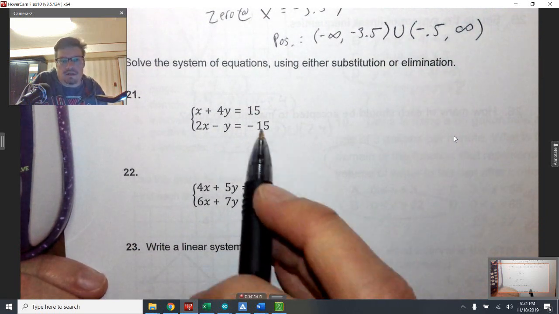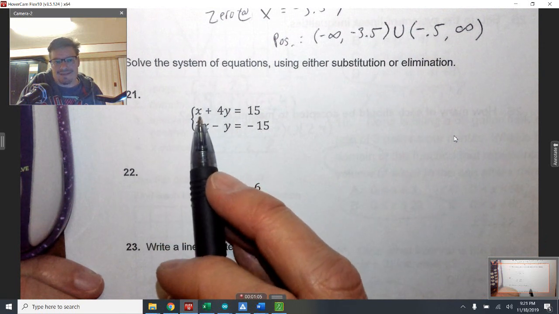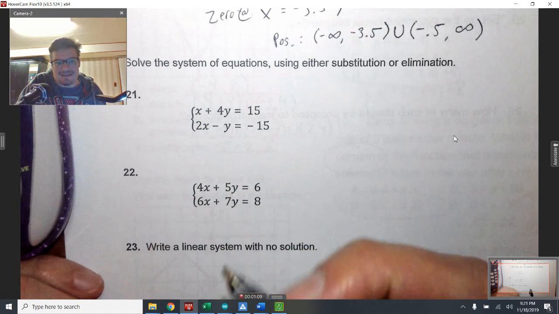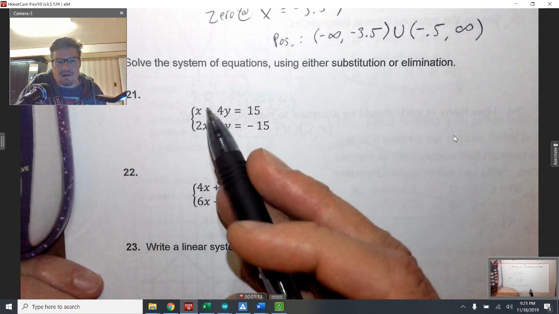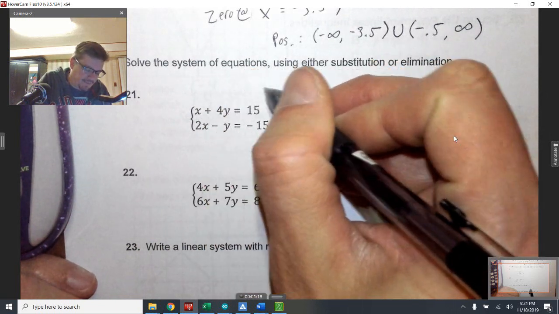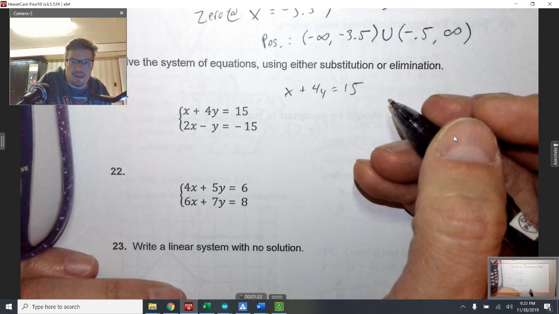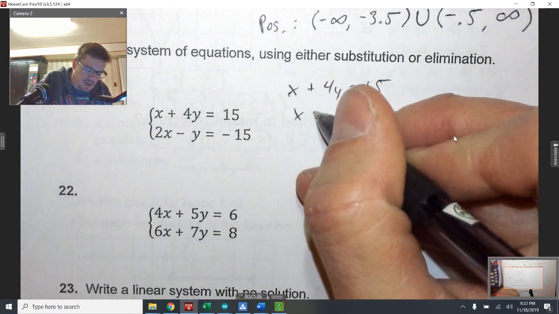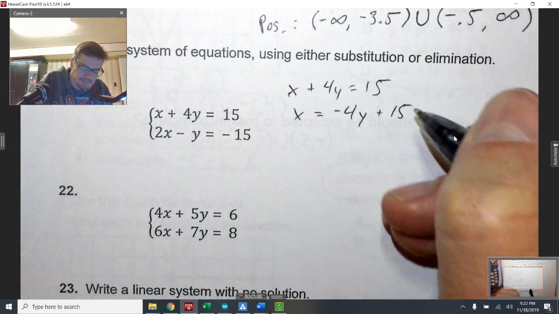Now, the only two possibilities I have for substitution are x and y, because I don't see any coefficient here, which means that it is just going to be itself. It's easier to substitute, and I don't have to divide by anything. So if I take this equation here, and move the 4y to the other side, I'm going to get negative 4y plus 15.